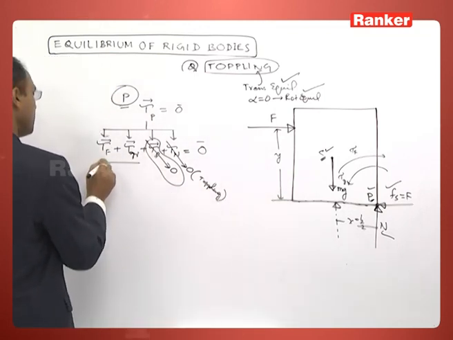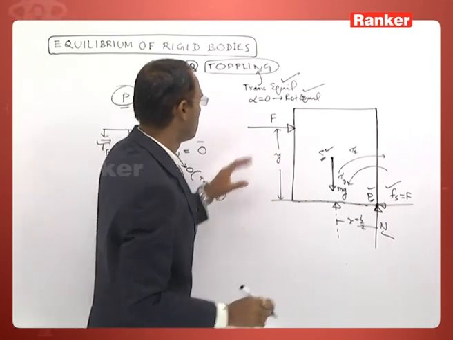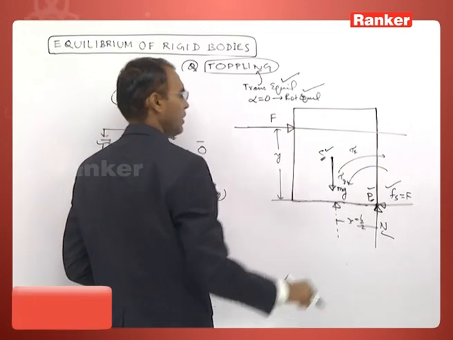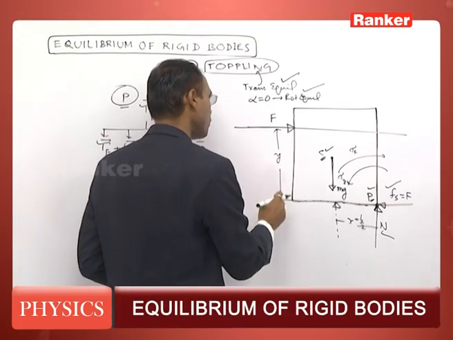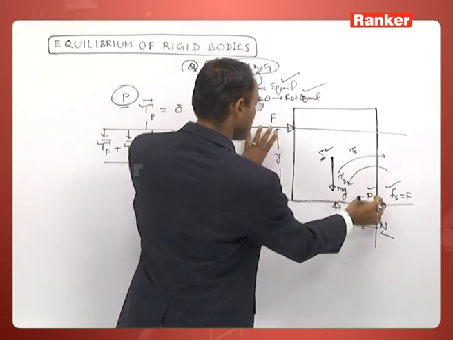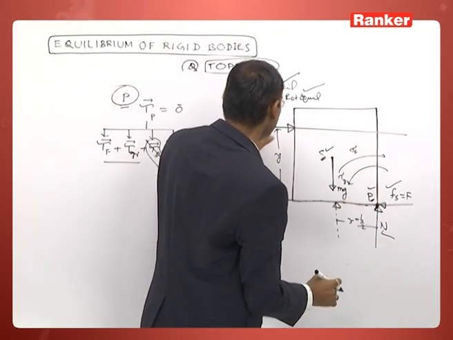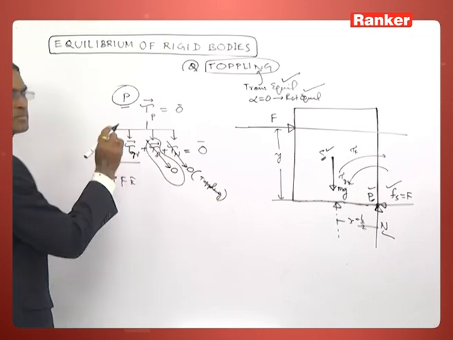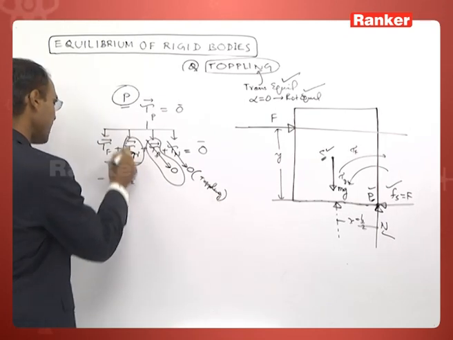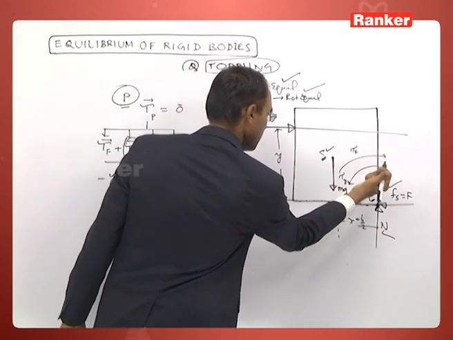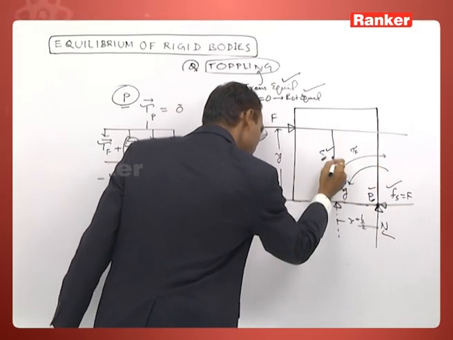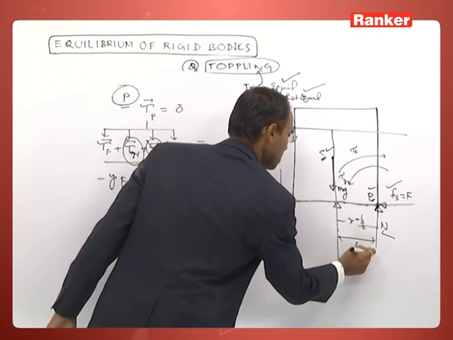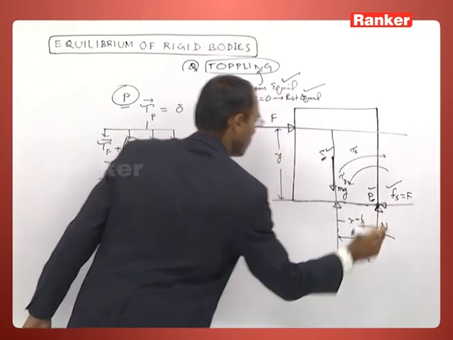In this case, the applied force will produce a torque in anti-clockwise manner, but the magnitude will be equal to the perpendicular distance from this point onto the line of action, y, into this force, so y into this force, minus k cap. And gravitational force will produce a torque in anti-clockwise manner. This is the line of action of gravity, and from this point, this is the perpendicular distance, and that's equal to b by 2.